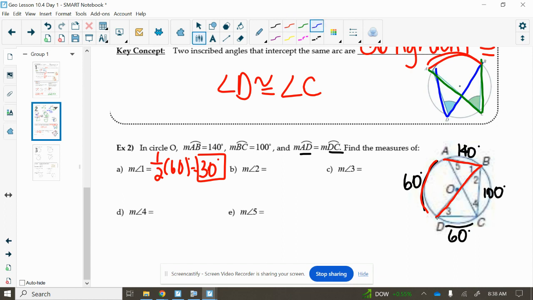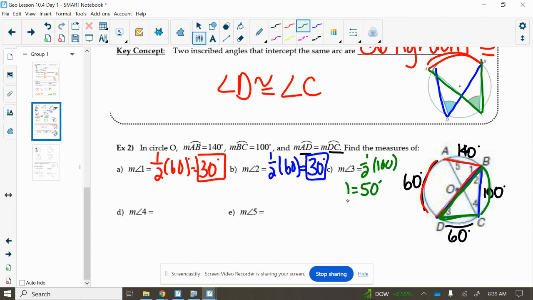Angle 2 is over here. We trace that out. Again, it's another one where we're taking half of a 60-degree arc, so it would be 30 degrees for the angle. And then angle 3 is right here. It opens up onto this 100-degree arc, so half of 100 would give us 50 degrees.